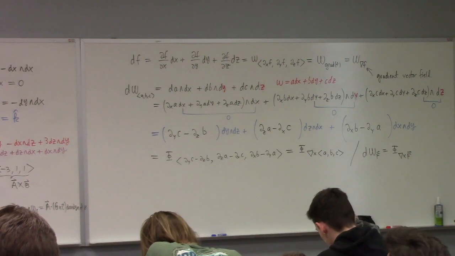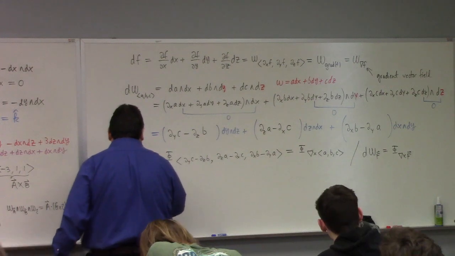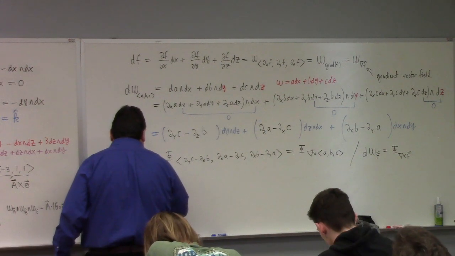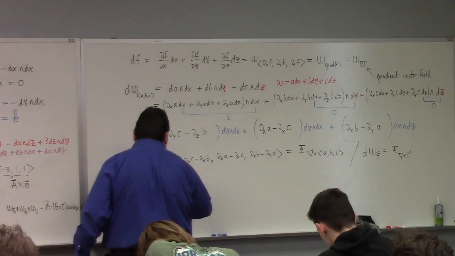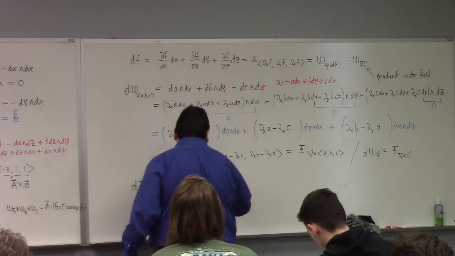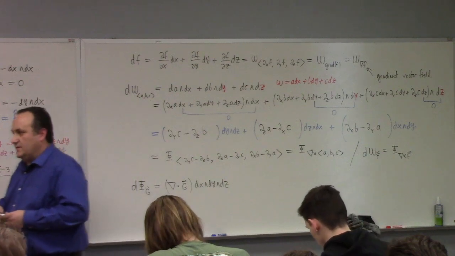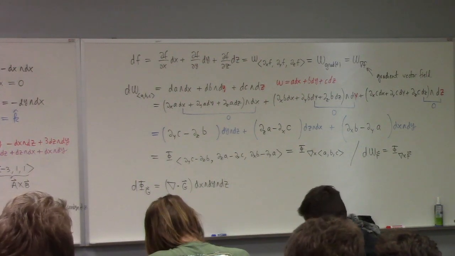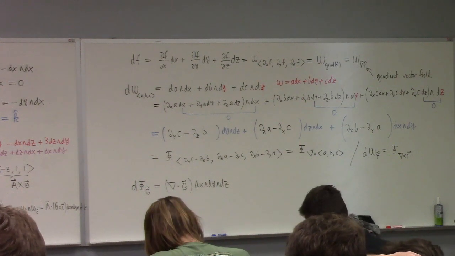So the divergence, I'll spare you the proof, but if we calculate the exterior derivative of the flux form of G, it ends up being the divergence of G times dx wedge dy wedge dz. So the exterior derivative always produces a differential form which is 1 degree larger than you started with.